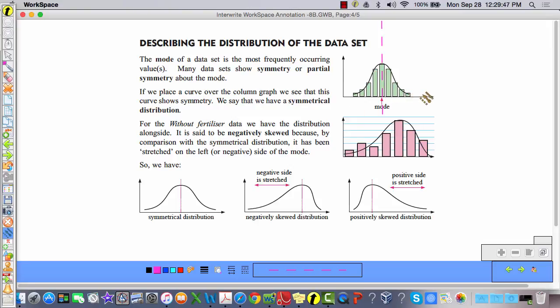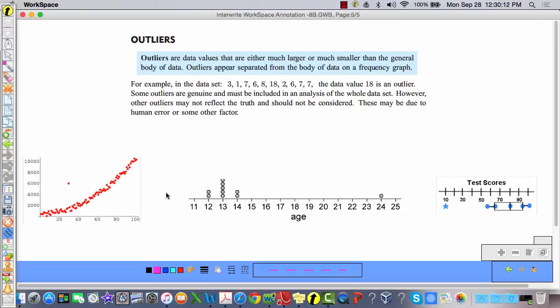And if I pulled the string to the right, it would look something like this, and it's positively skewed. So this right here, we think of as a symmetrical distribution. Pulling or stretching to the left is a negatively skewed distribution, and pulling or stretching to the right is a positively skewed distribution.